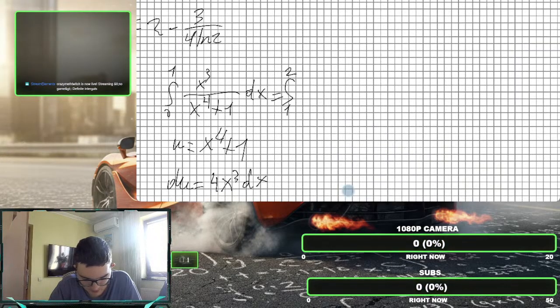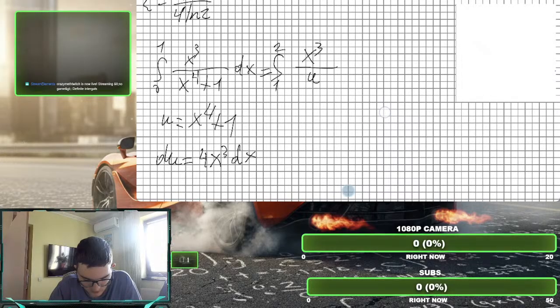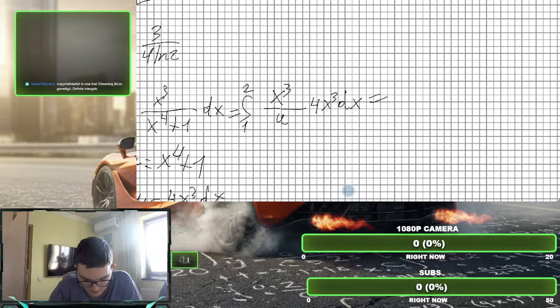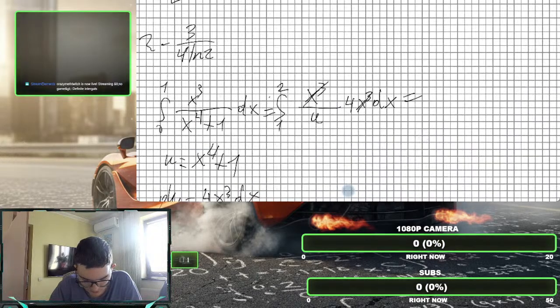At the top I have x to the 3rd power divided by u, and instead of dx I write du, so it'll be 4x to the fourth power dx, and so this and this just cancels out, and before I can move it in front of the integral, and so I have just 1 divided by u, which is like 1 divided by x, and the integral of that is just ln and module of u this time, not x.